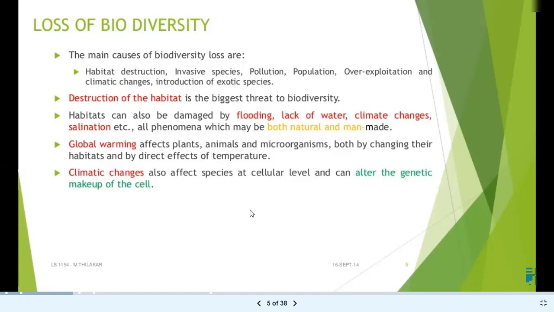Third, global warming also affects plants, animals, and microbes, both by changing their habitats and also by direct effects on temperature. Fourth, climatic changes also affect species at cellular level and can alter the genetic makeup of the cell.